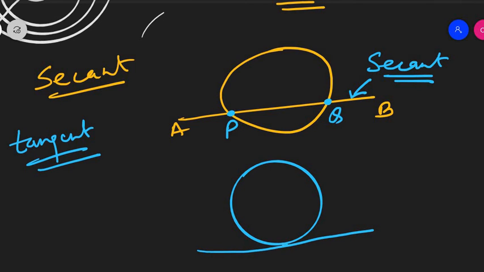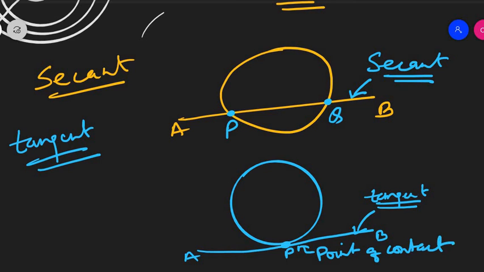At only 1 point, this line AB is called a tangent of the circle. So if the secant just touches the circle only, then that secant becomes a tangent. So a tangent intersects the circle at only 1 point, and this point is called the point of contact.